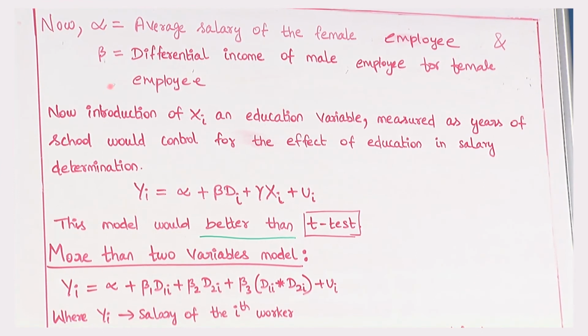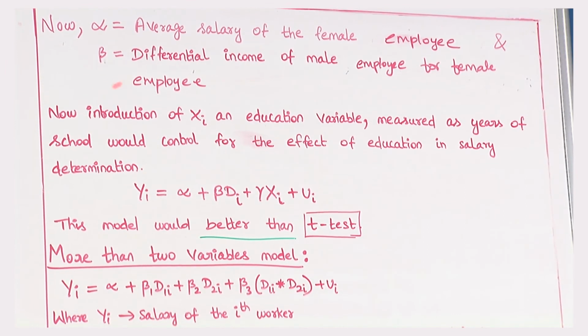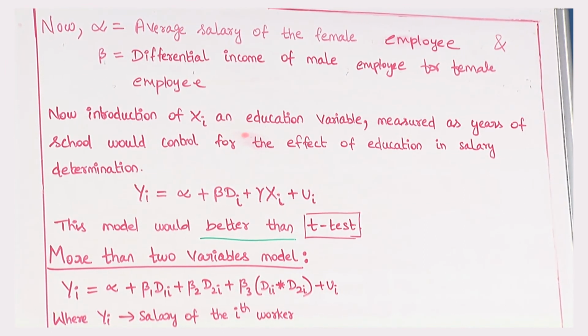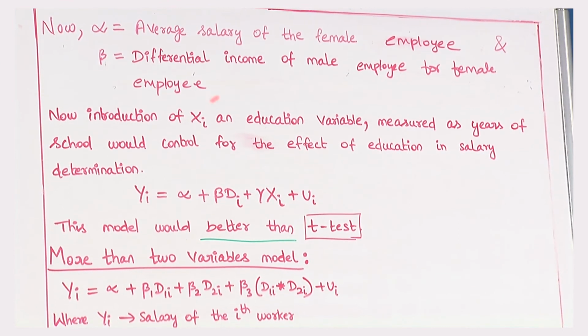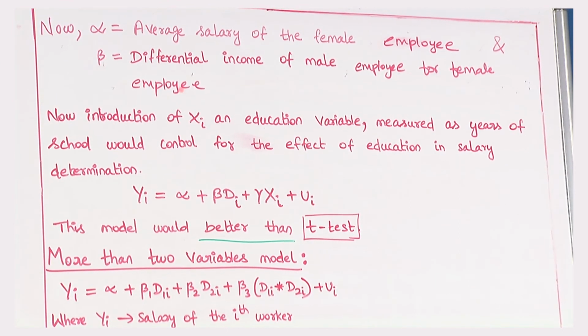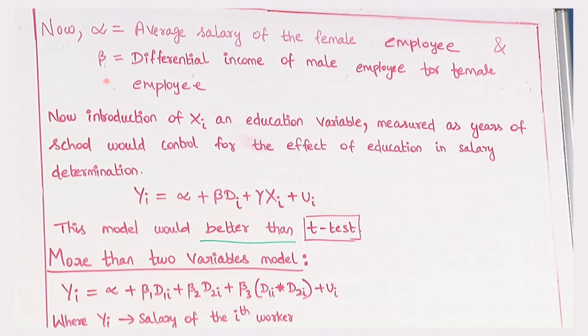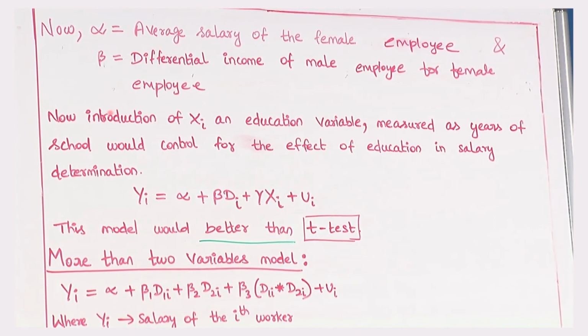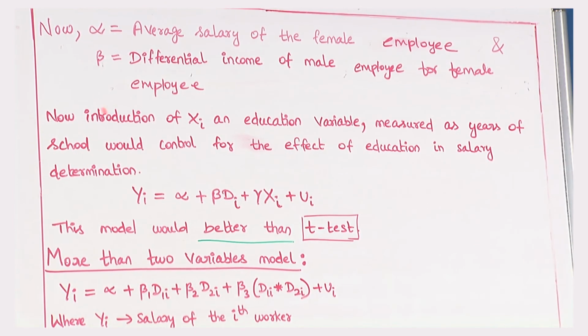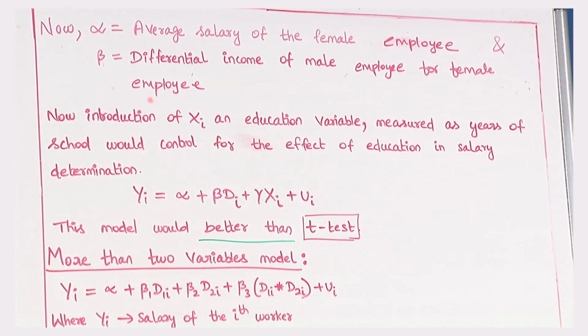If beta is significant, we will say the salary difference between the male and female employee is significant, and so the salary of male and female employee is different. But if beta is insignificant, we will say the average income of male employee is equal to the average income of female employee.